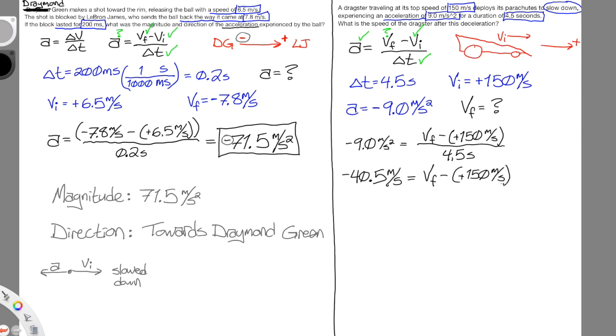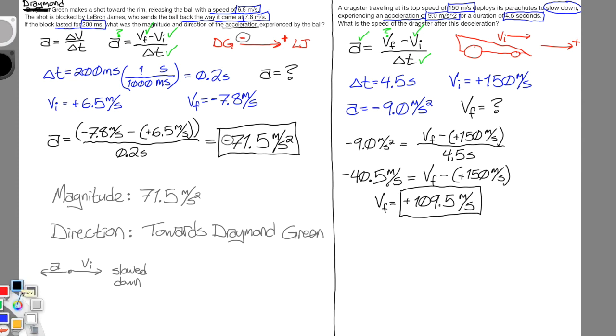Now we can add 150 meters per second to both sides to get VF equals positive 109.5 meters per second. And that is our numerical final answer.